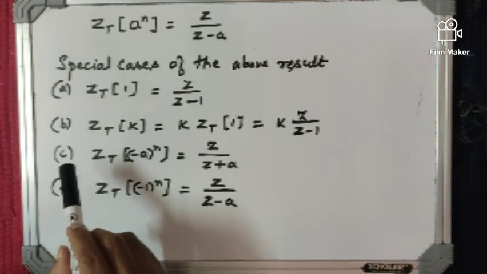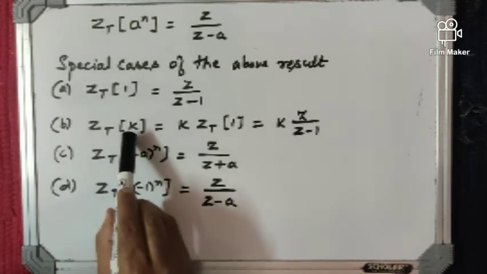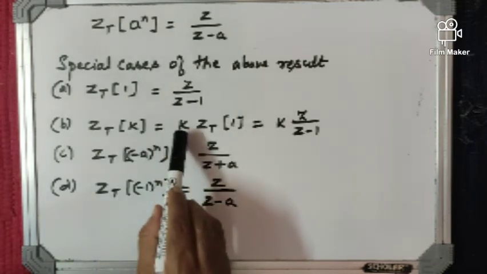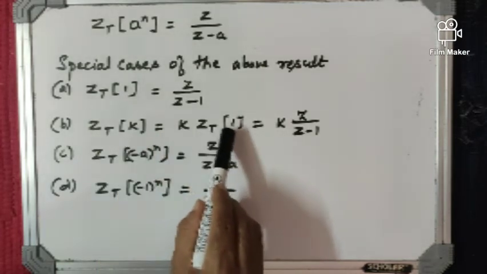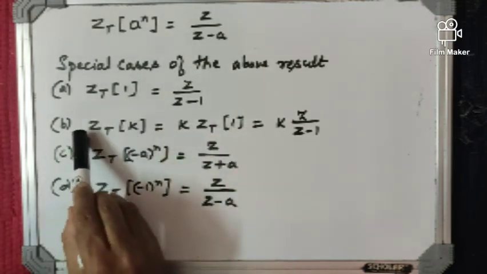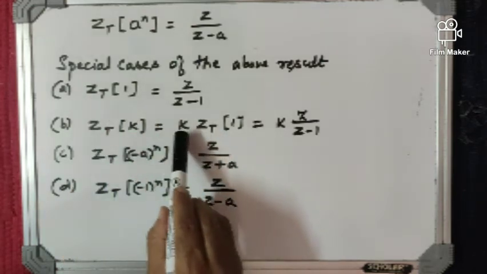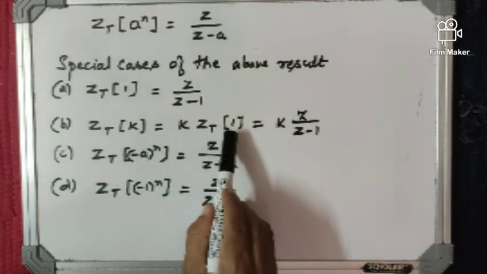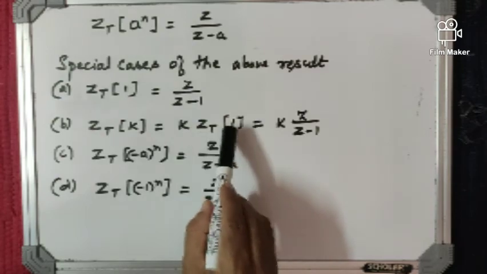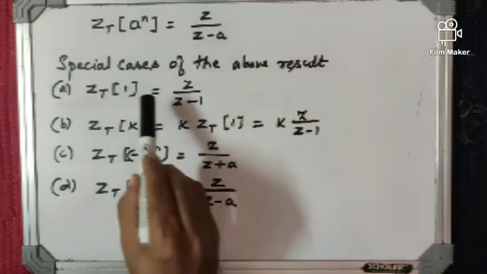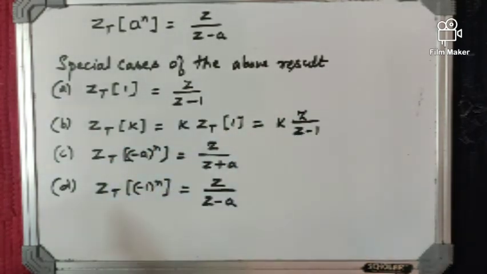Next result is Z transform of a constant. Z transform of a constant k can be written as k into Z transform of 1. So take this k outside of the operator. You will find k into Z transform of 1, which is k into z by z minus 1.